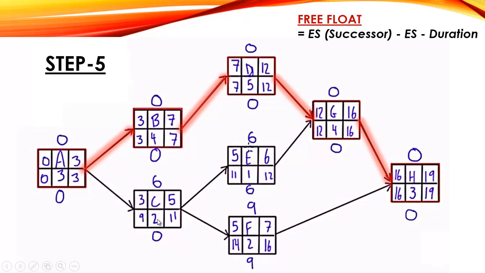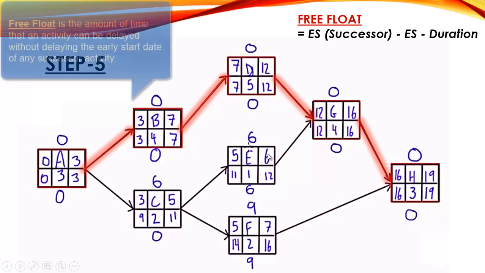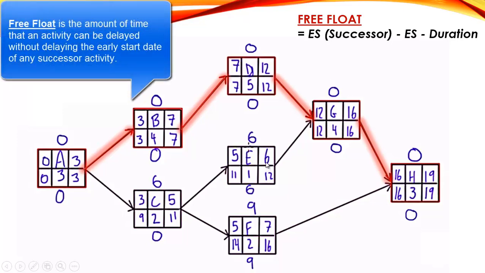For example, this activity has 0 free float and this activity has 6 days free float. If we delay this activity, it will not delay the start of the next activity. For example, earliest finish is 6 and the latest finish is 12, minus 6 days. So if we delay this activity by 6 days, it will not affect the next activity.